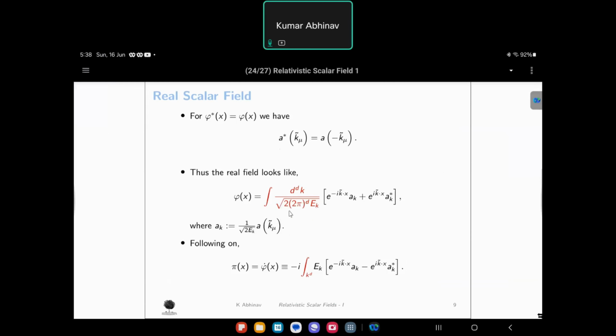And from there, one can find the conjugate momentum for the scalar field, which looks like this. This is an expression. And mind you that in the conjugate momentum, the energy of the individual momentum comes out as a factor because you take a time derivative. And this integration index k is just the integration with this measure denoted by color red upstairs.